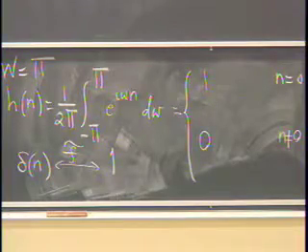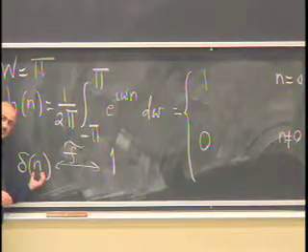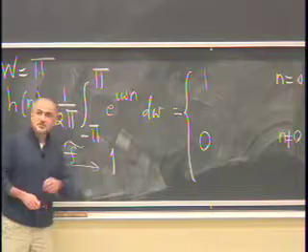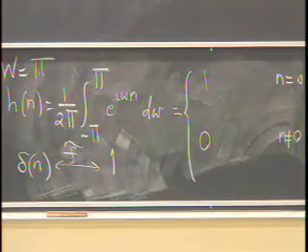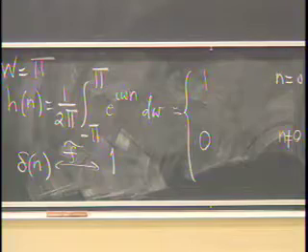You can't get narrower than the Kronecker delta in the time domain, right? The narrowest signal in the time domain gives you the widest frequency domain representation. And remember, our universe is from minus pi to pi. Minus pi and pi correspond to the highest frequencies you can have. 0 corresponds to the lowest frequency.